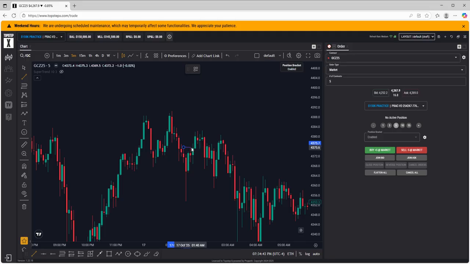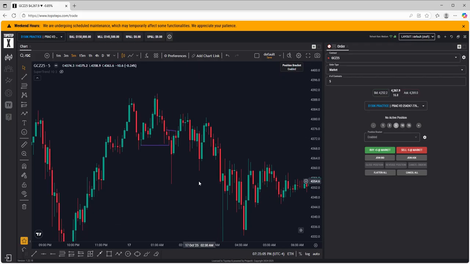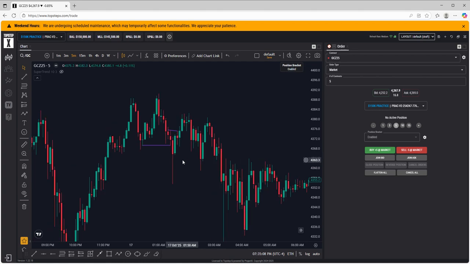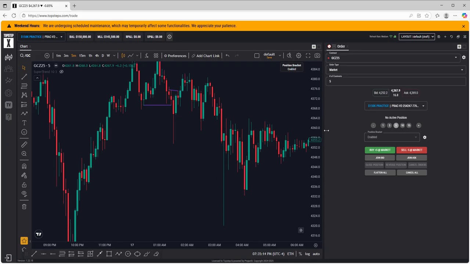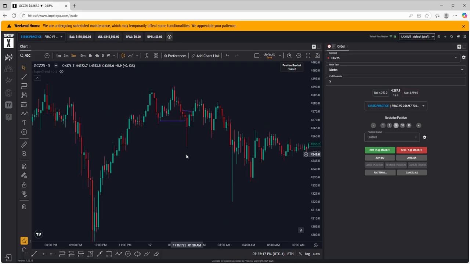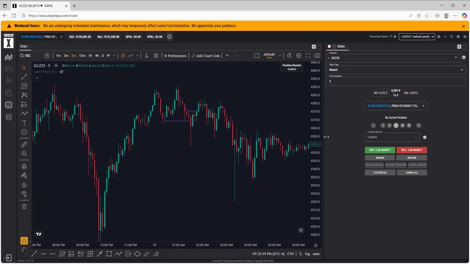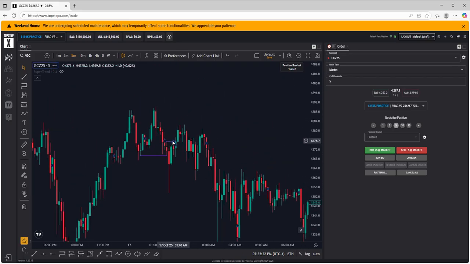So we have some liquidity right here. We got some liquidity in here. Let's see if we have any other forms of liquidity so I can show y'all. Actually, this is perfect. This is perfect, so let's play this out step by step.